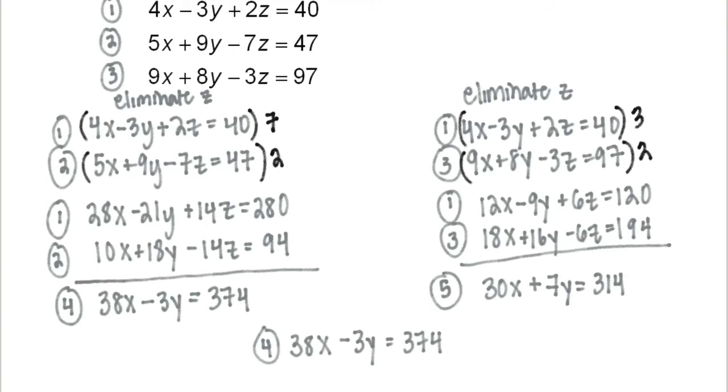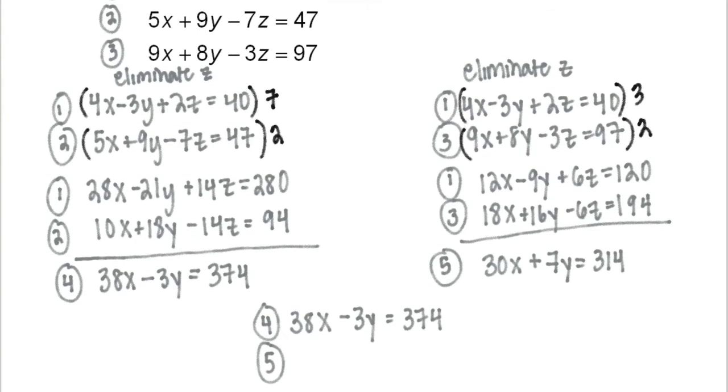It's that 374 that's a big number. And I have to combine it with equation 5, which is 30x plus 7y equals 314. This is going to require me to multiply equation 4 by 7 and equation 5 by 3.